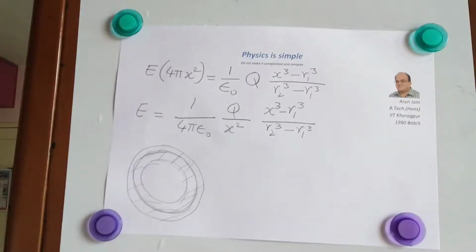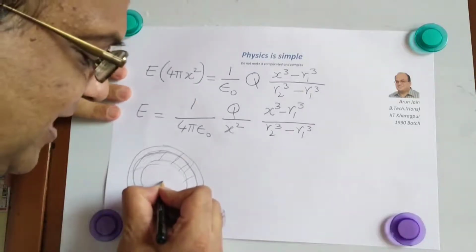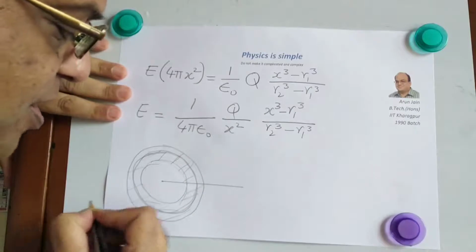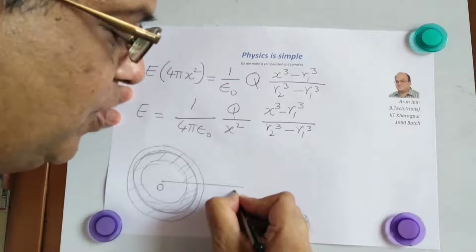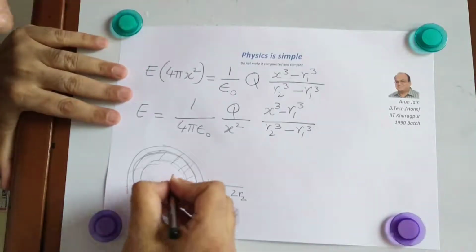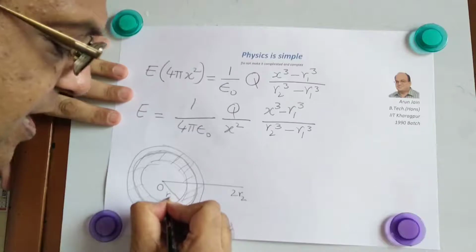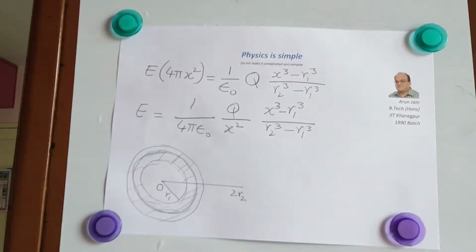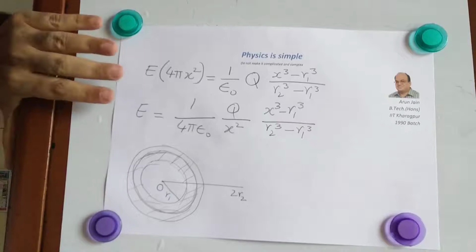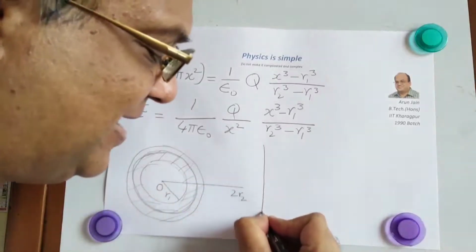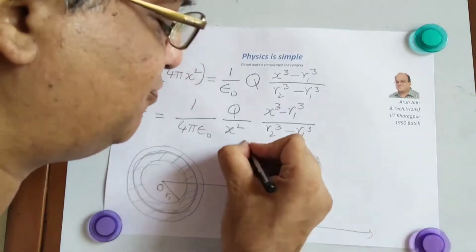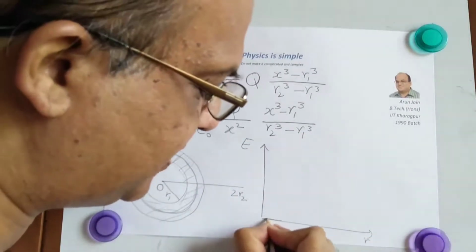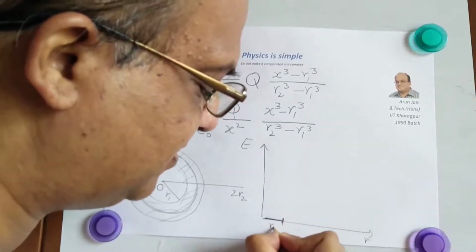Now, in the second part of the question, they want us to plot E as a function of R for R equal to 0 to R equal to 2R2. Now up to this R1, if you draw any Gaussian surface, the charge enclosed is 0. If the charge enclosed is 0, the electric flux is 0. If the electric flux is 0, then electric field is 0. So up to R1, the electric field will be 0.